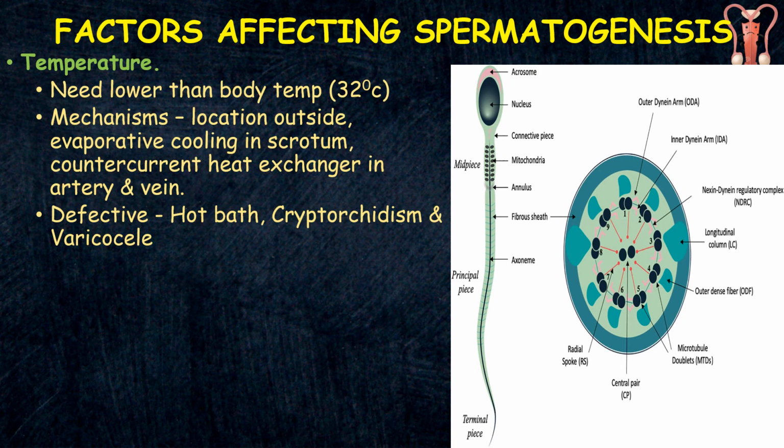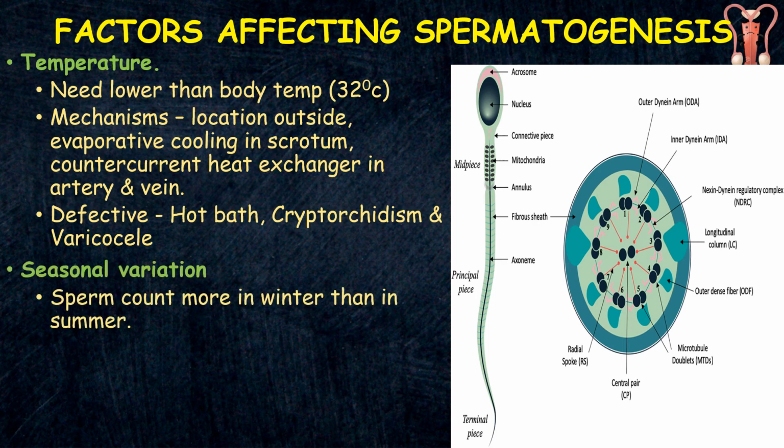And then varicocele, it is the dilatation of the veins of the pampiniform plexus. The varicocele occurs due to the incompetence of the venous walls, which results in retrograde blood flow. In that condition, the heat exchanger mechanism is completely disturbed, and that can cause sterility.